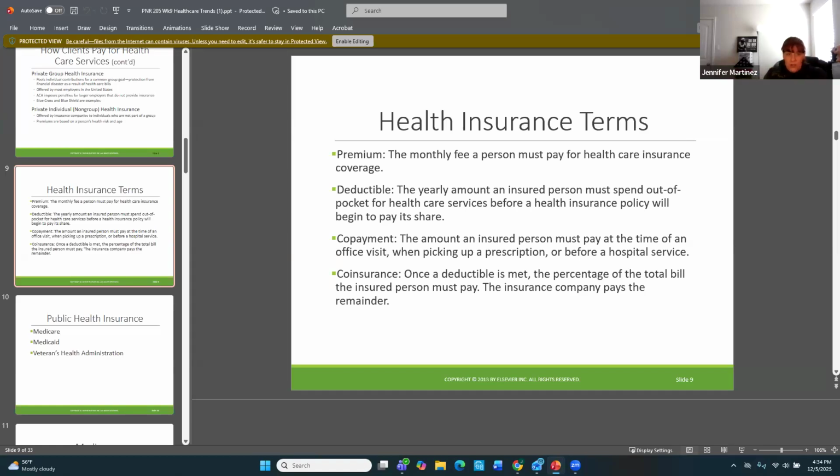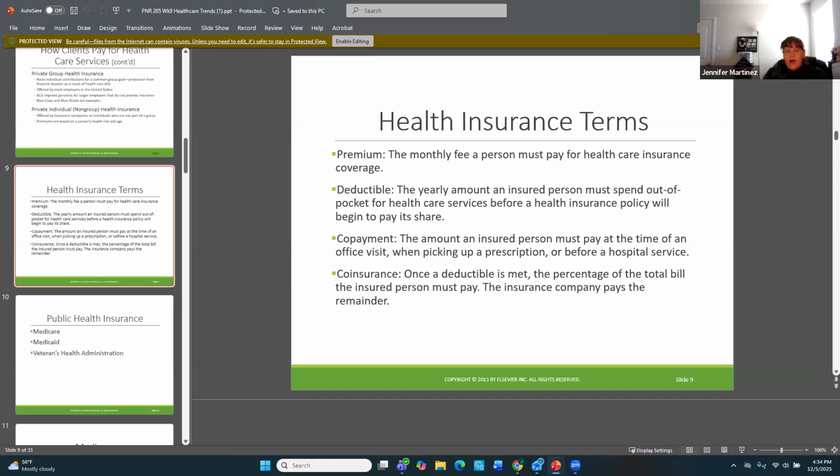A deductible is the yearly amount an insured person must spend out of pocket for services before the health insurance policy will begin to pay its share. So this is really important because when you are looking at your health insurance options, when you get your job as a nurse, or if you've not ever had health insurance before through an organization, this is something you want to look at.